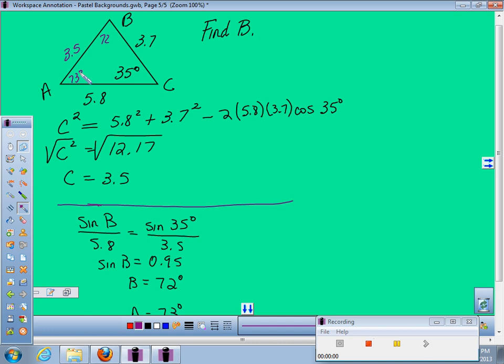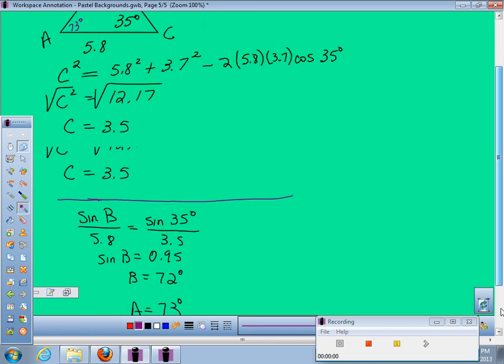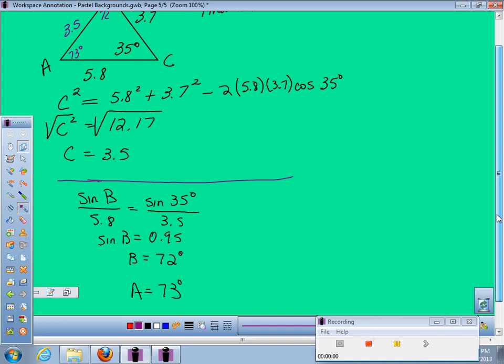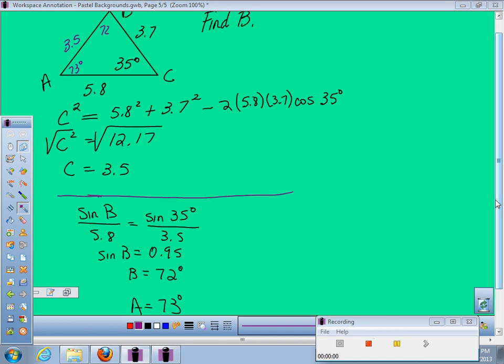Why didn't we get the right answer? This is supposed to work. Well, the problem is, if there's room for one of your angles to be obtuse, when we were looking at this before we calculated, which one would have to be the obtuse angle?